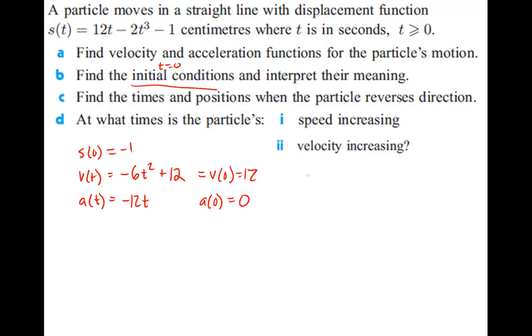So interpret their meaning. I am 1 unit, no, it's in centimeters, 1 centimeter left of the origin.